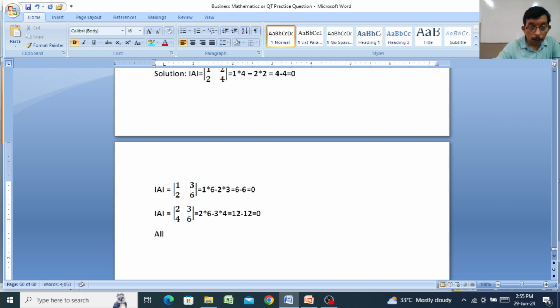All the 2 by 2 order determinant values are 0.